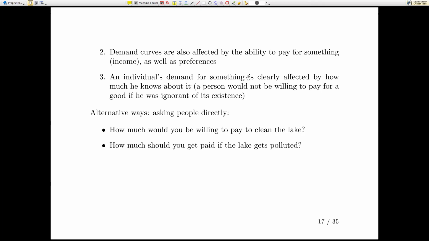Of course, individuals' demand is affected by how much they know about things. So they cannot really say how much they would be willing to pay for something if they have never experienced it before. If you've always lived near a dirty river, you don't really know how good life would be if the river was clean, for instance. So you have to have some leap of faith.